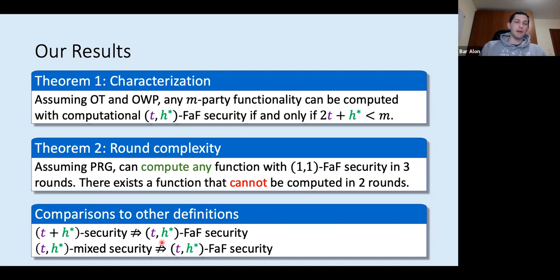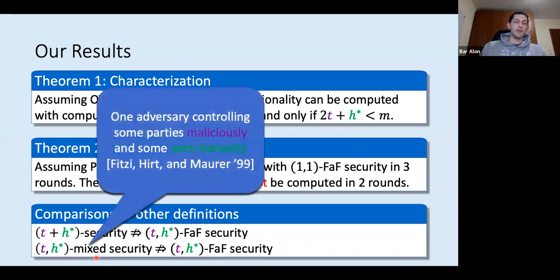In fact, we can even refine this result and show that something called mixed security doesn't imply FAF security. Mixed security means security against one adversarial entity that controls some of the parties maliciously and some of the parties semi-honestly. In FAF security, we can view it as two different entities, one malicious adversary and one semi-honest adversary, and they are not colluding with each other. We show that there are protocols secure against mixed adversaries that are not secure in the FAF setting.